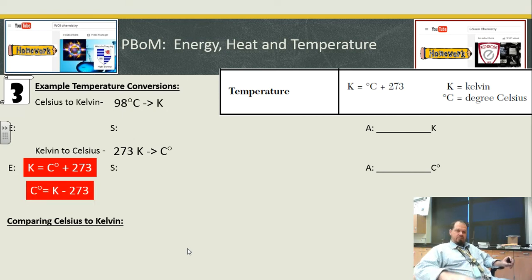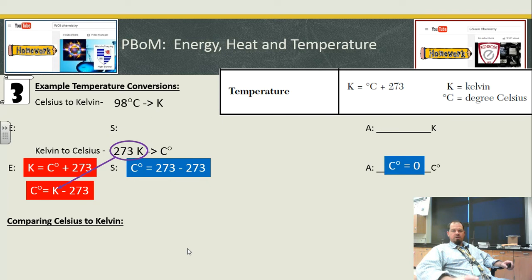We'd subtract 273 from both sides. And then I can simply switch sides if I want, make Celsius on one side. So that's a little bit more plug and chug friendly. I can just take the 273 and plug it into that K, and I get 273 minus 273, which is 0 Celsius. 0 Celsius is 273 kelvins.